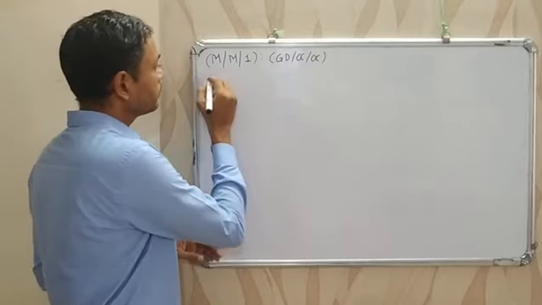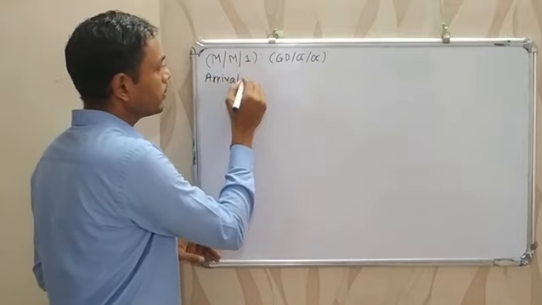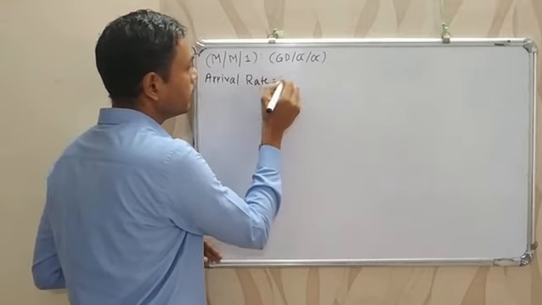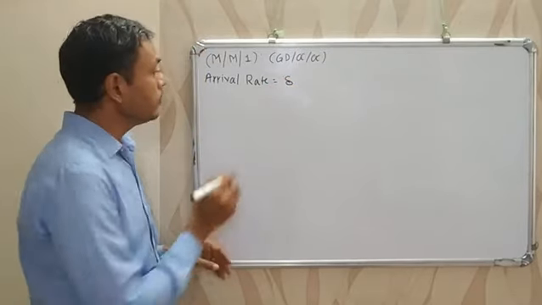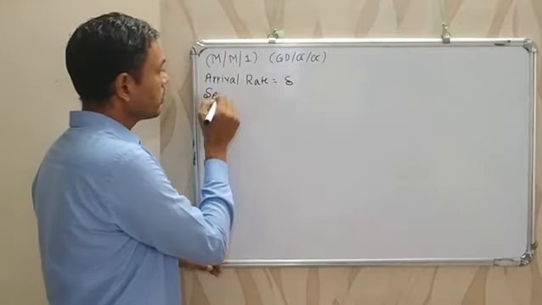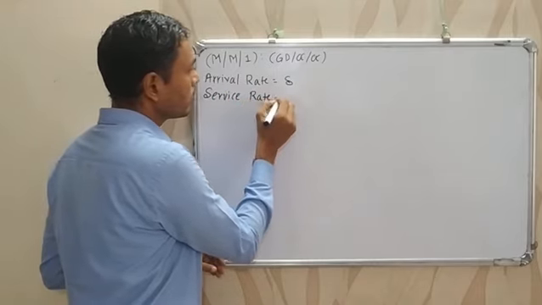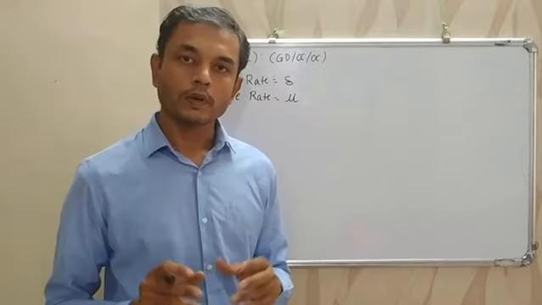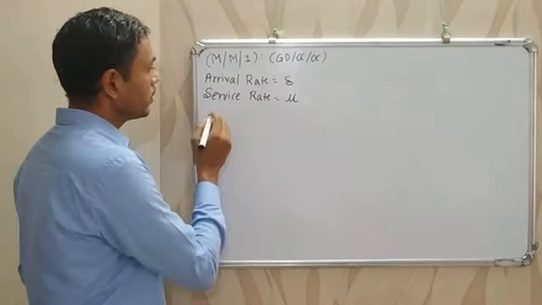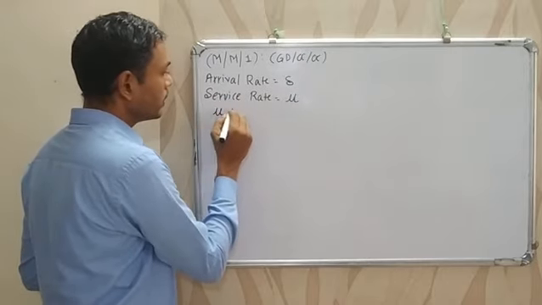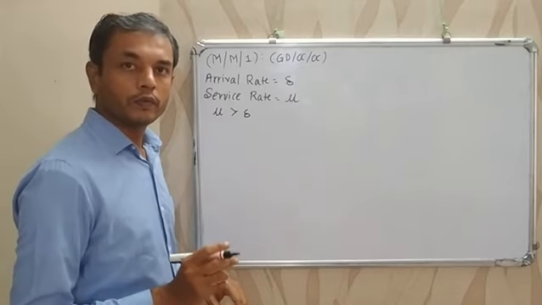Let's consider arrival rate is equal to delta and service rate is equal to mu. In general, always remember service rate is always greater than arrival rate.